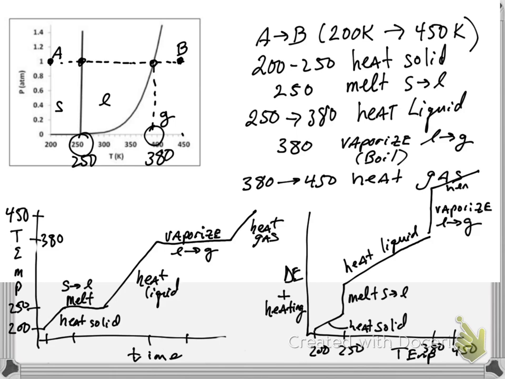And then we have the heating of the gas. So those are all of the steps. There's 5 steps. This is how you construct the temperature versus time and the delta E versus temperature for information given on a phase diagram as we go from A to B. The next slide will be going from B to A.